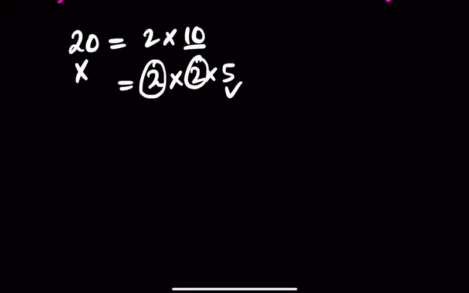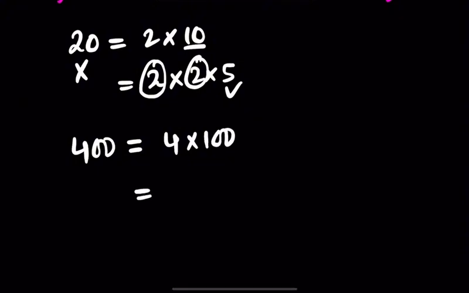Let's look at another example. Let's say we have 400. 400 can be written as 4 times 100. This 4 can be written as 2 times 2, and this 100 can be written as 10 times 10.